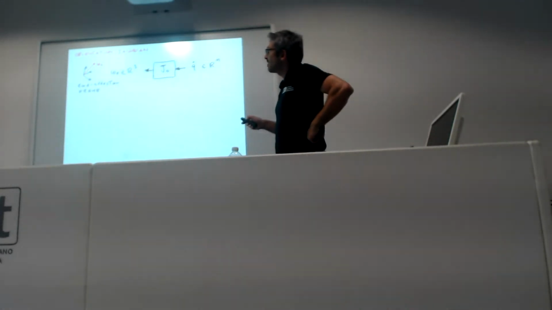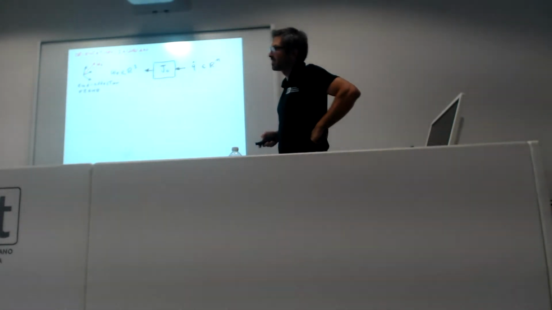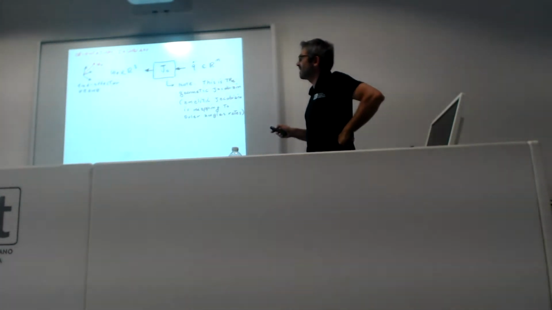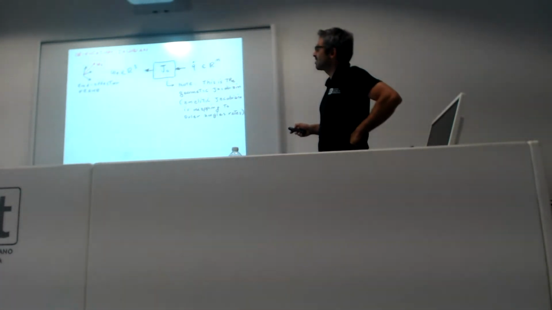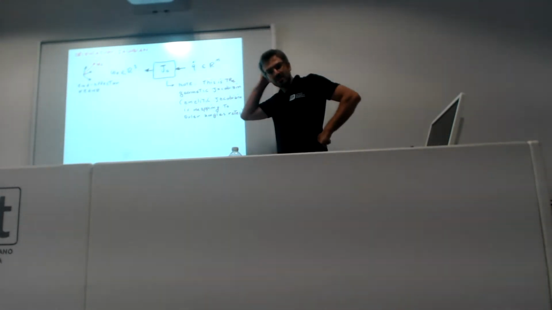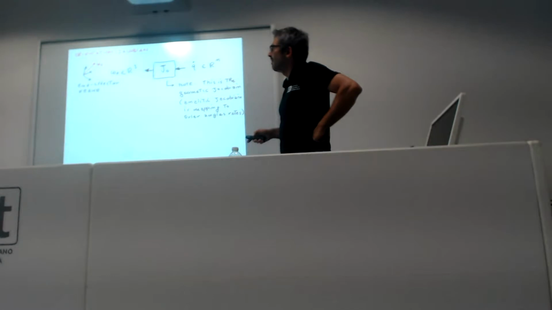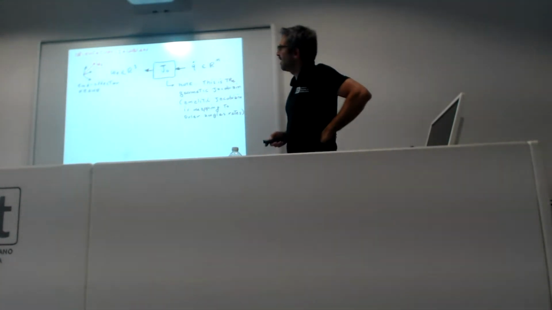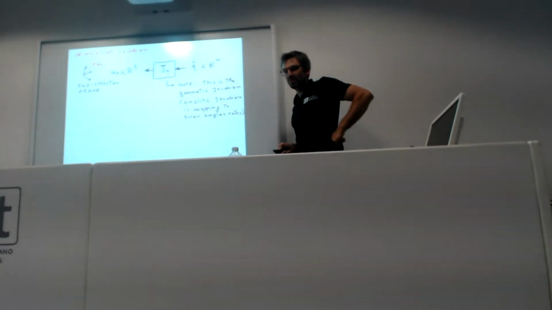It's a 3D vector and lives in a Euclidean space. Note that this is called the geometric Jacobian, while the analytic Jacobian maps joint velocity into Euler angles rate. And we will see afterwards what Euler angles rate are and what the relationship with omega is.